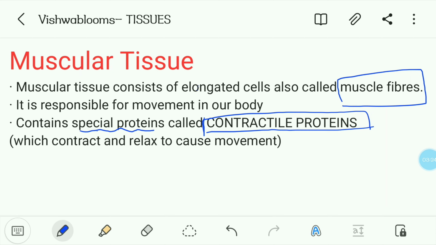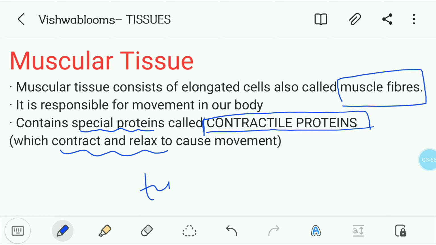While you are breathing in, your chest part expands, and when you are breathing out, it slowly comes back, releasing. It contracts and relaxes, right? When you are breathing in, it is contracted, and when you are breathing out, it is relaxed. That is due to contractile proteins.